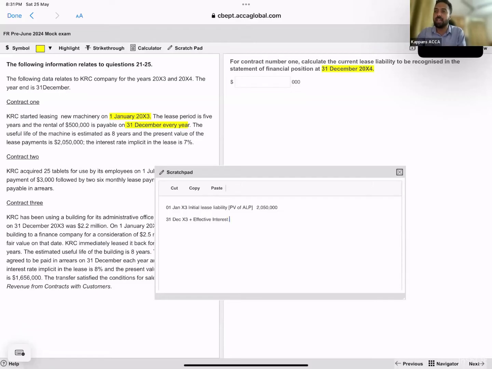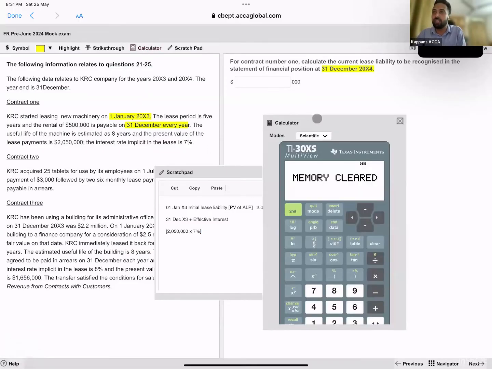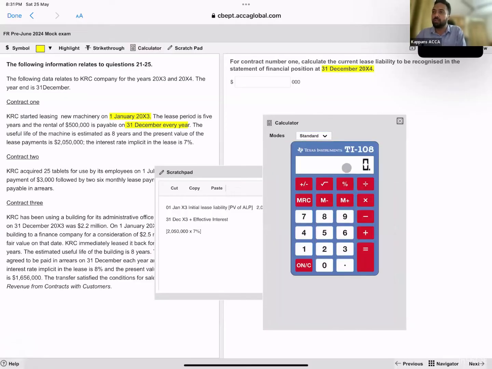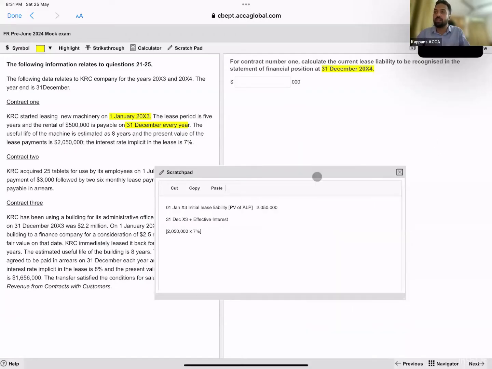Effective interest will be calculated on the lease liability, 2,050,000 multiplied by 7%. Using the calculator to find it out, 2,050,000 multiplied by 7% is 143,500, that is 143,500,000.